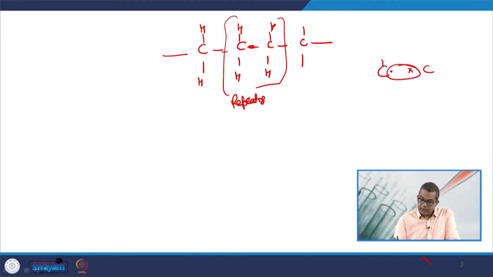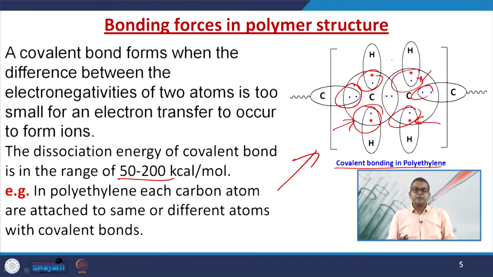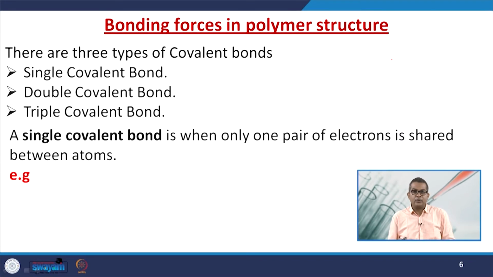And there is the carbon-hydrogen bond, which is again the sharing of the carbon and hydrogen valence electron pair. In this way, this particular structure has a strong character, so that in due course of time the ethylene molecules do not dissociate, and their bonding energy is quite high, in the range of 50 to 200 kilocalorie per mole.